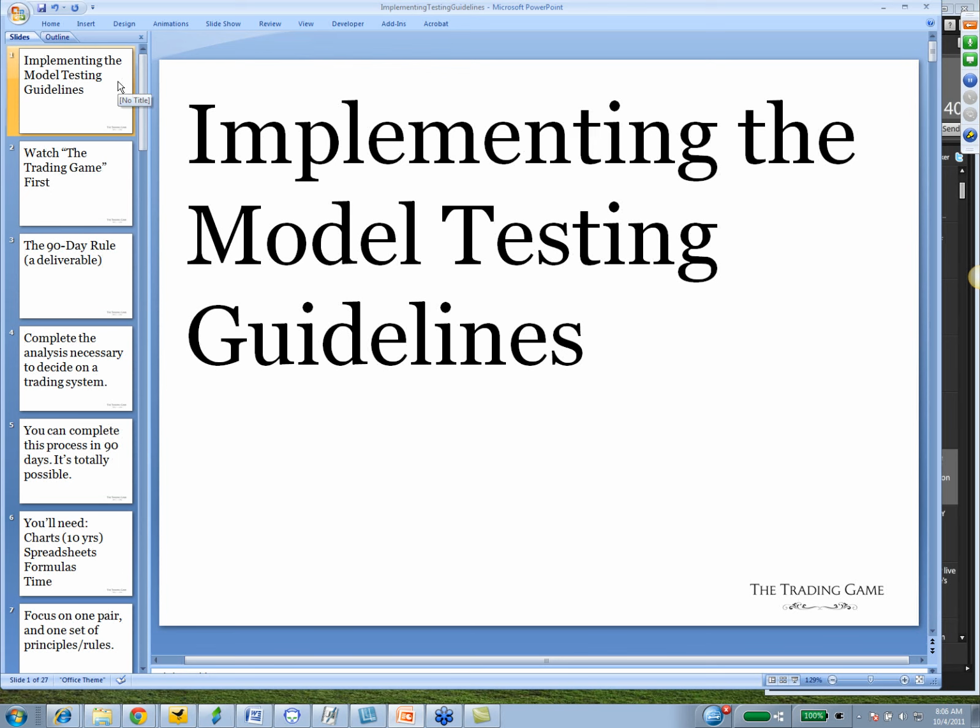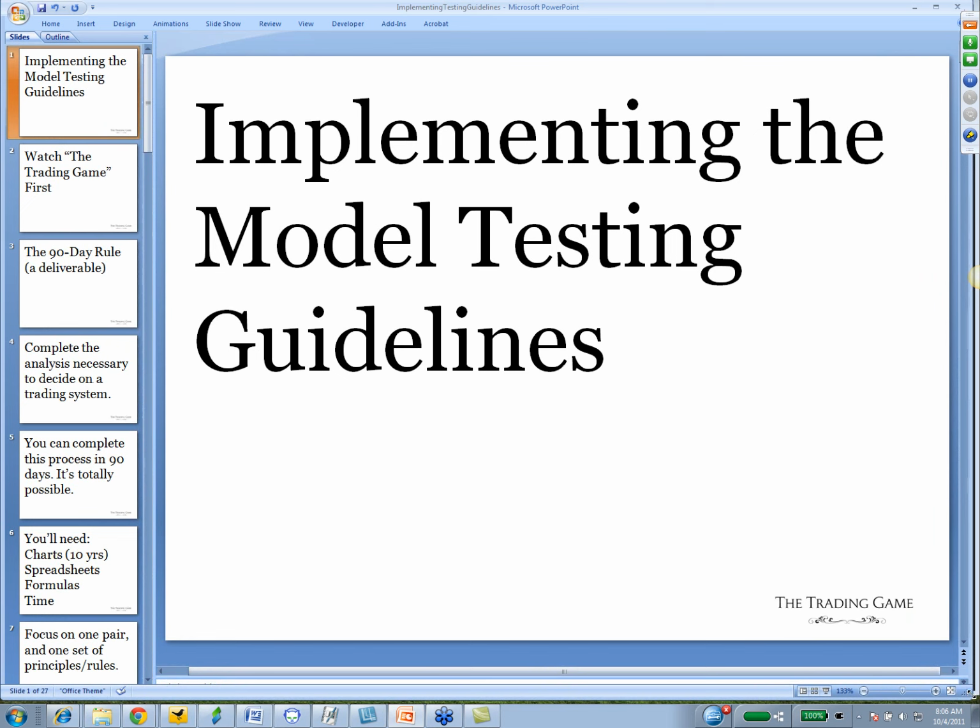Part 1 of the webinar is all about simplifying the process of implementing testing guidelines. It can seem daunting at first to approach the goal or deliverable of testing and completing your testing of a trading system to the point where you feel comfortable trading it live, because there's so much work to do. And when you read about testing or hear about testing, you can become dismayed at all the terminology that you need to learn and whether or not you need to test with a computer.